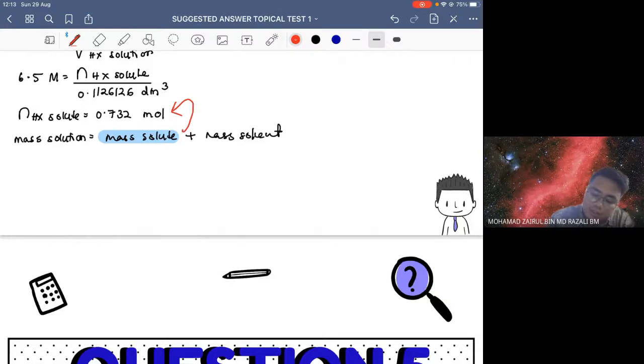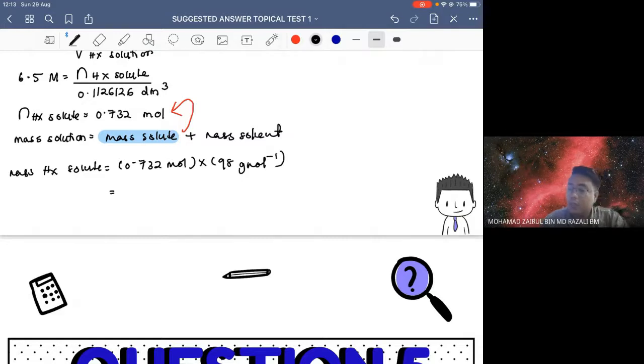Okay, so mass solute ini kita boleh dapat daripada mole solute. So nak cari mass, mass of HX solute equal to the number of mole multiply by molar mass. Molar mass given is 98 gram per mole. So kalau awak tengok mass solute itu, awak akan dapat 71.736 gram. So sekarang dah dapat mass solute, awak boleh cari mass solvent.